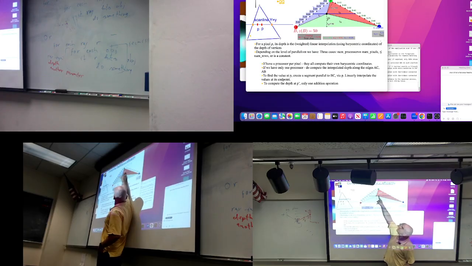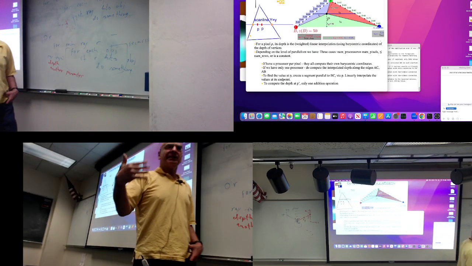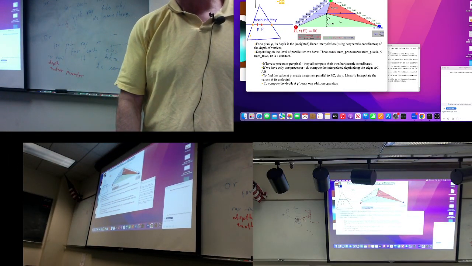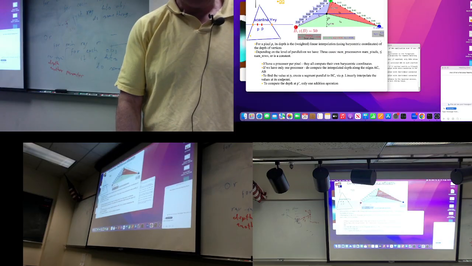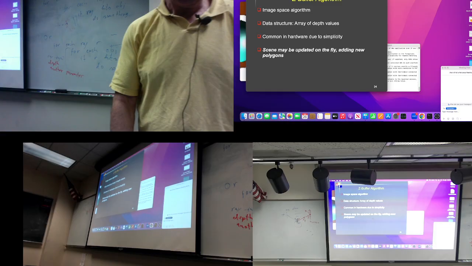This constant is the same for all pixels in the same row, so it's just an addition operation. For each row, no need to divide by area and so on. So that's a pixelized algorithm.